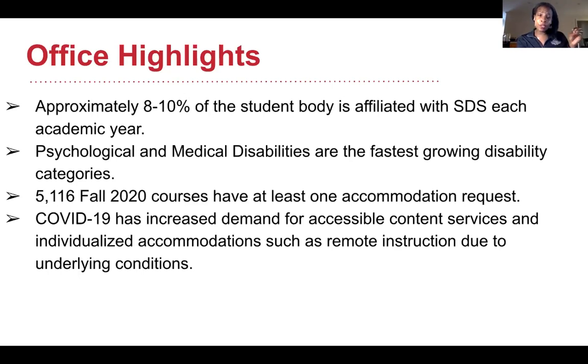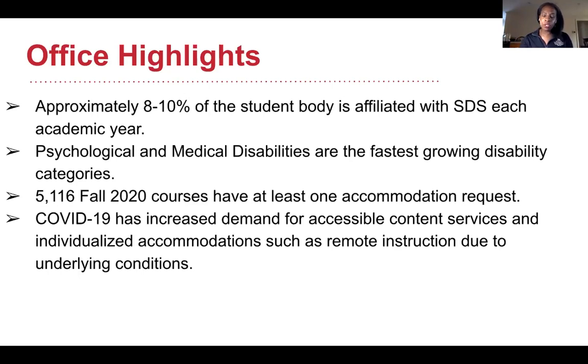Students with anxiety disorders actually represent the largest section of that particular category. And so when you think about things like mood regulation, sleep, your gut health, right? These are some of the things that our students are really dealing with. And so they're requesting accommodations for that.